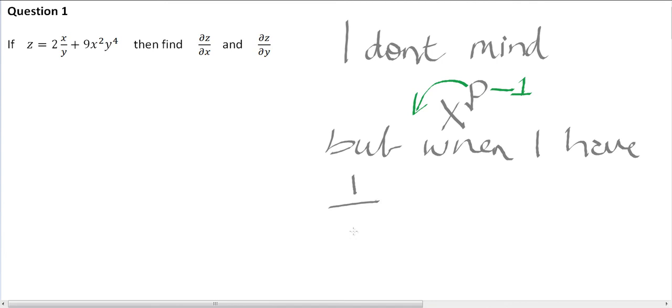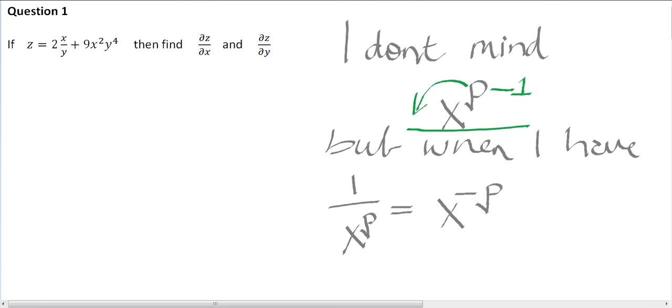1 over x to a power, then I have a little bit of a problem because I can't use this rule straight away. So what I need to do is take that x up above the line. But when I do that, I must change the sign of the power.